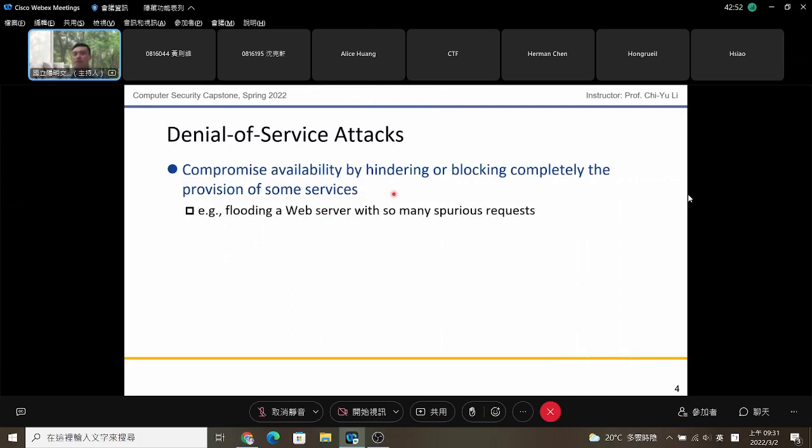For example, we can flood a web server with so many requests, or flood a large number of packets to a specific server so that we can overwhelm the bandwidth of the server so that the server cannot serve other requests. Okay. So the major concept is to try to generate a large volume of something, request, packet, traffic, or tasks, to exhaust the resource.